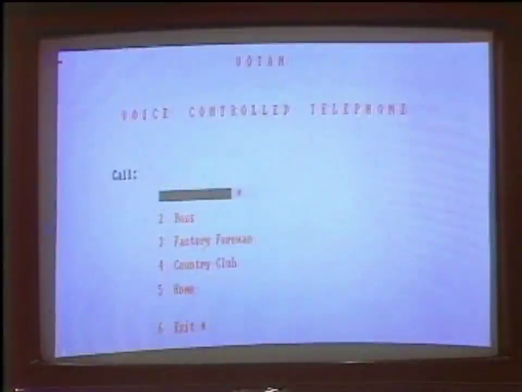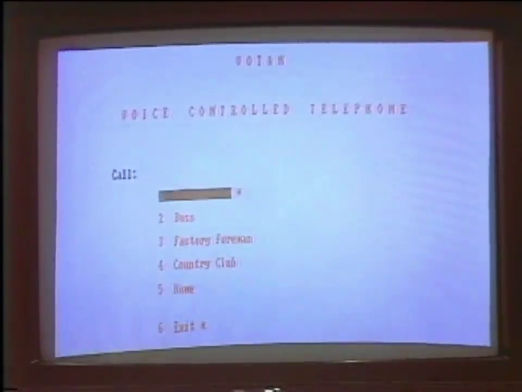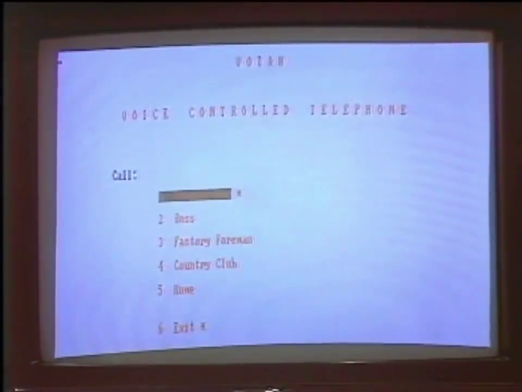Yes. Start your message at the tone. Buy 1,000 shares of Votan. Would you like to hear your message? Yes. Buy 1,000 shares of Votan. Is this message okay? Yes. Your message has been sent. Thank you. Goodbye. Who should I call? Exit.